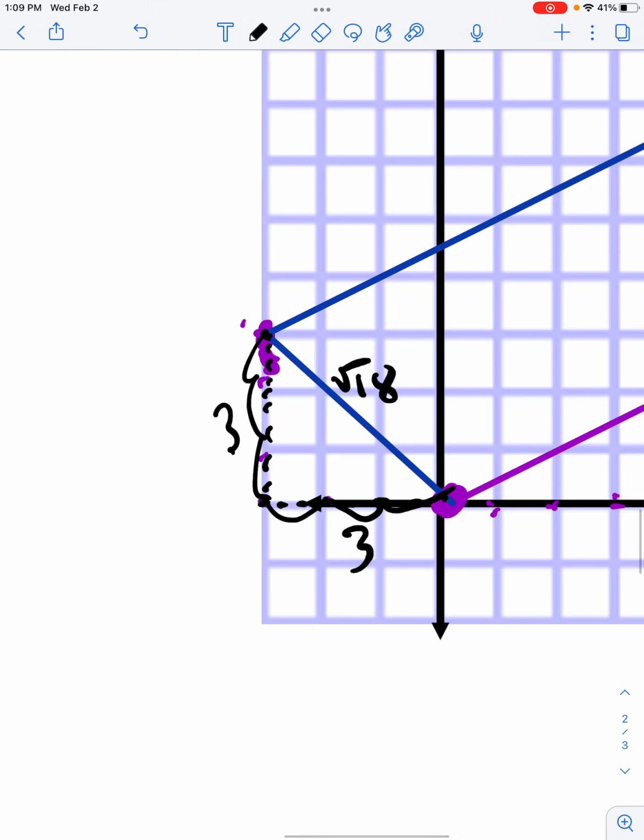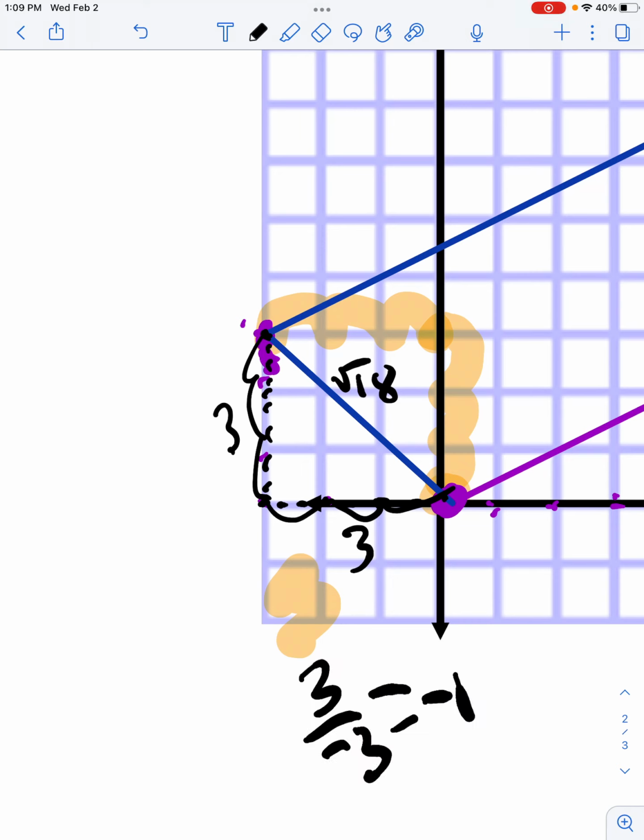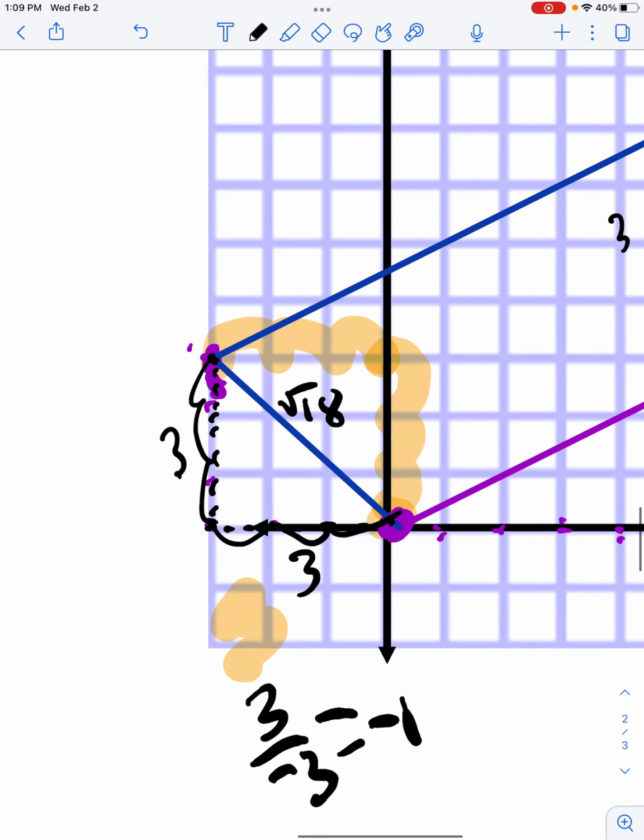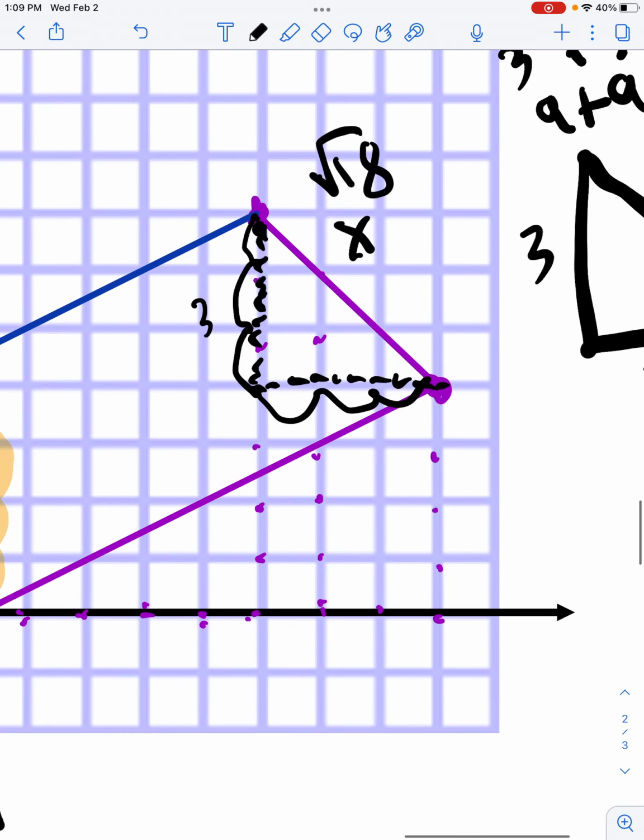It's good to review. So again, if we think about this, my rise over my run, if I'm starting right here, my rise is 1, 2, 3. My run is to the left, 3. So 3 over negative 3 is negative 1. So this is a slope of negative 1. Let's see what our slope is over here. Starting right here, again, 1, 2, 3.